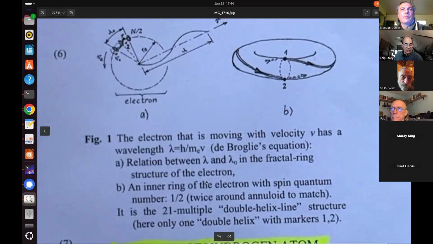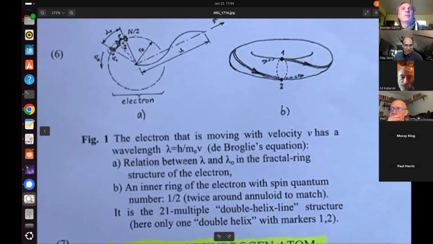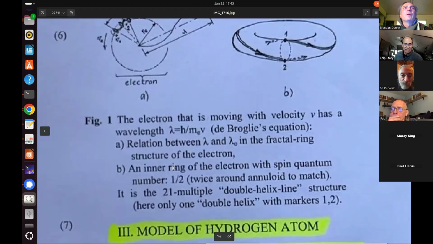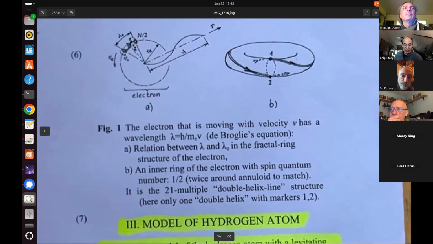Part A, relation between lambda and lambda sub 0 in the fractal ring structure of the electron is figure A. All right, that's his thesis right there. And this B part is the important part. B is an inner ring of the electron with spin quantum number 1/2, twice around.